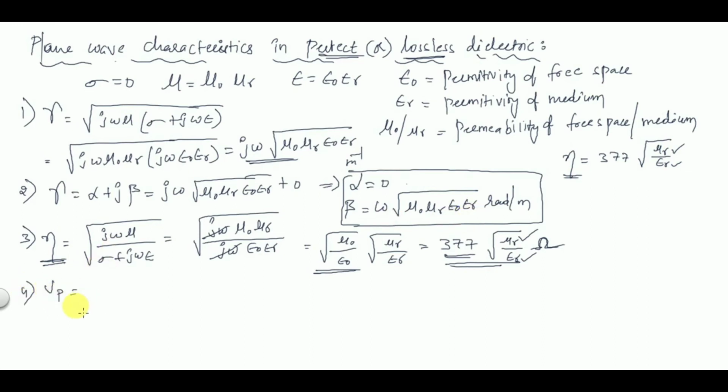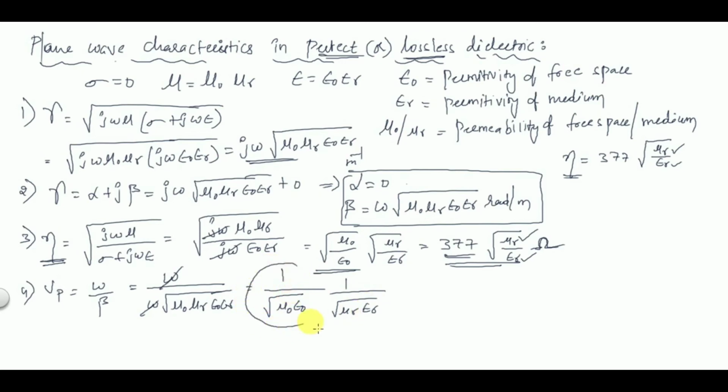Okay, next, fourth, phase velocity Vp is equal to omega by beta. So it will be omega divided by omega into root of mu naught mu r epsilon naught epsilon r. So omega gets cancelled. So it will be 1 by root of mu naught epsilon naught into 1 by root of mu r epsilon r. So we know that the first term is the velocity of light, 3 into 10 to the power of 8.